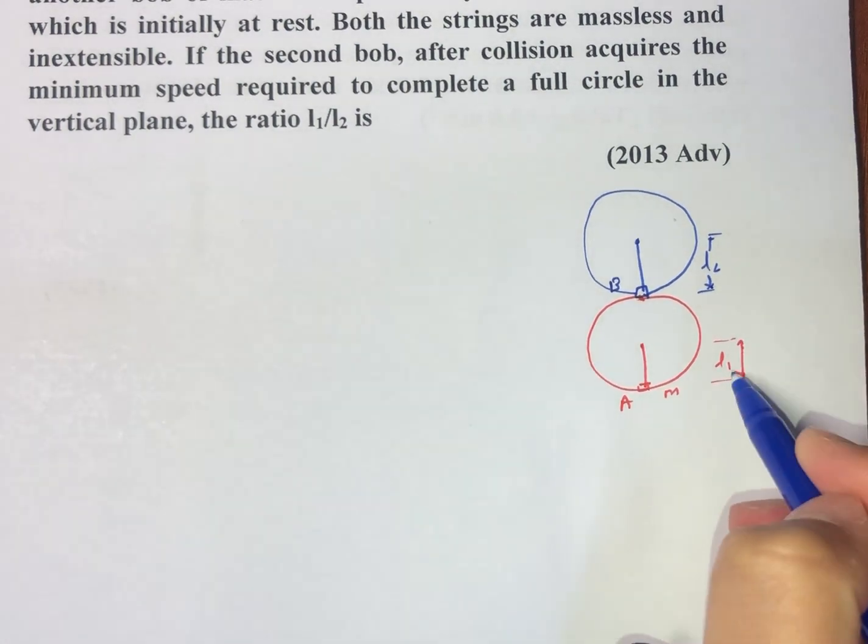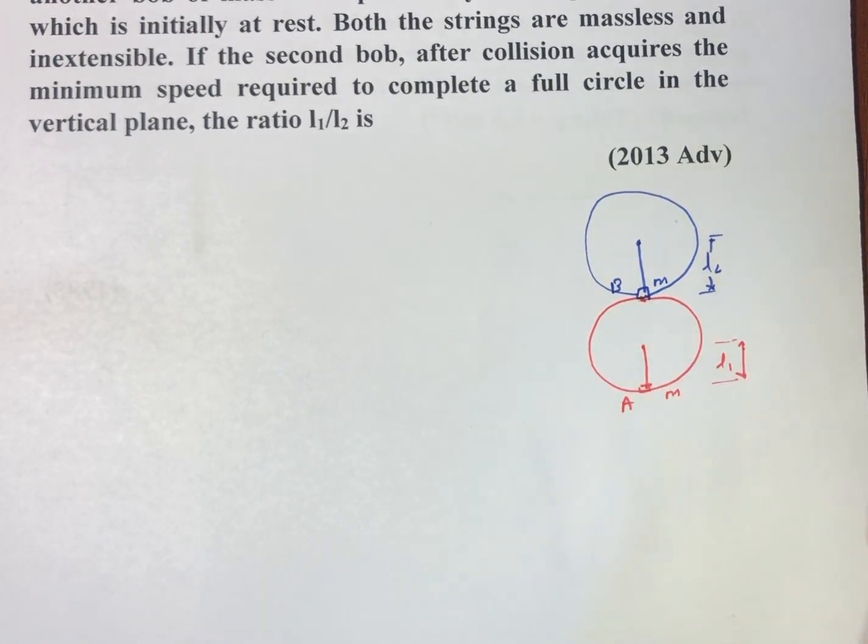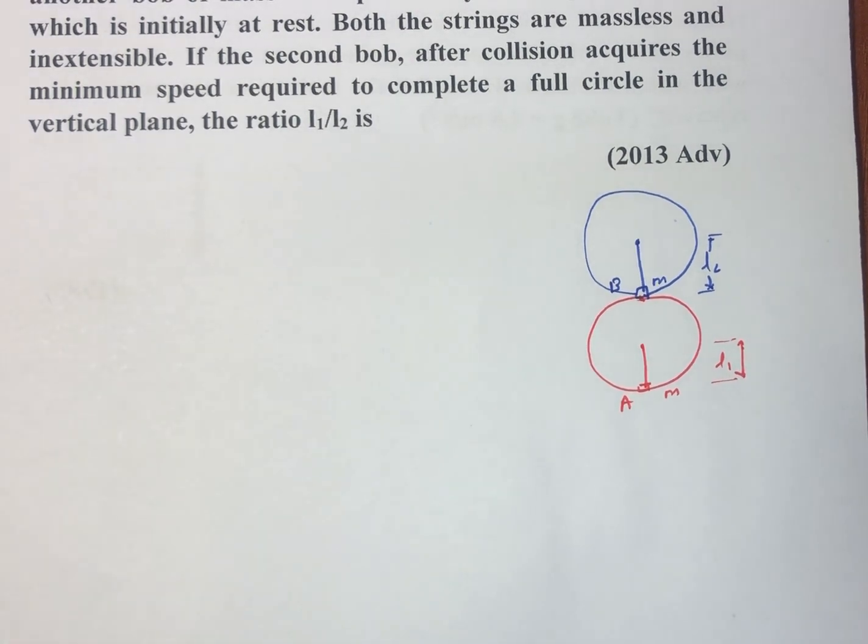So we are supposed to find the ratio of L1 and L2. The mass of both the bobs is m.